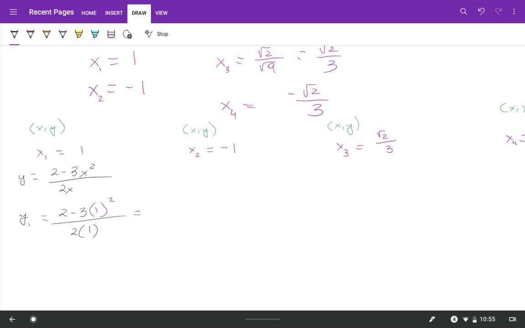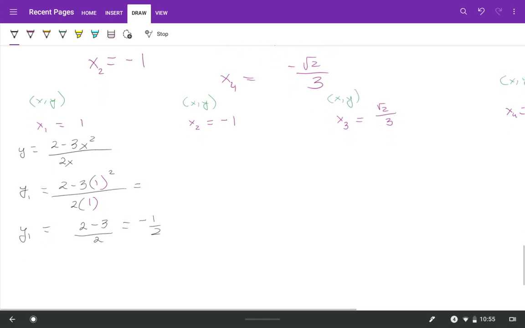Simplify. So that will give me that y1 is equal to 2 minus 3 divided by 2, which is -1/2. So I have the first solution, okay? Point 1 comma -1/2. So that's the first one.